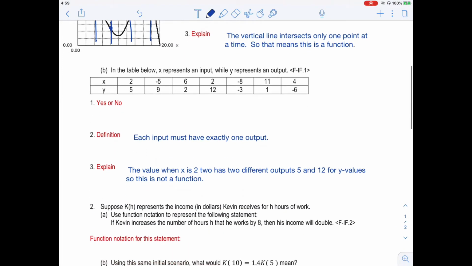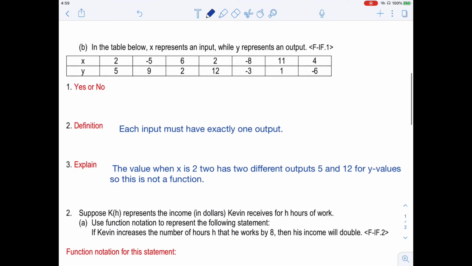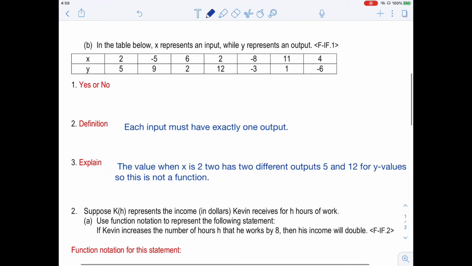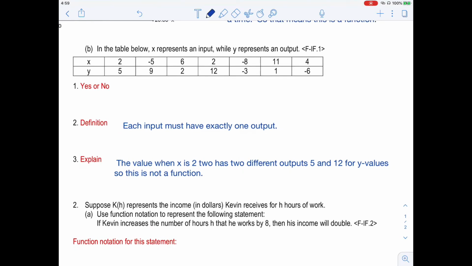Okay, part B, you have a table of values, or your XY values, and each input must have exactly one output. So let's look at it. We have 2, -5, 6, 2 again, -8, 11, 4.